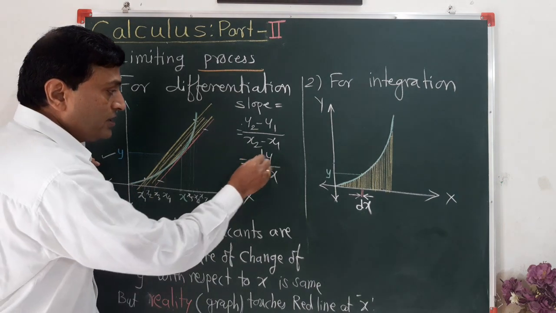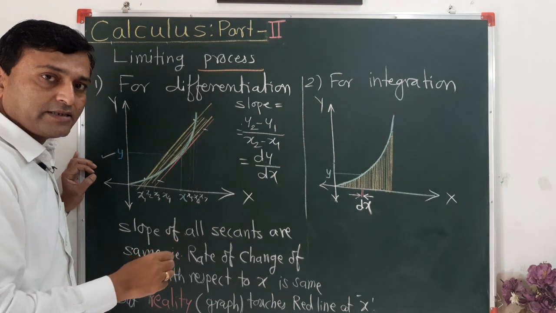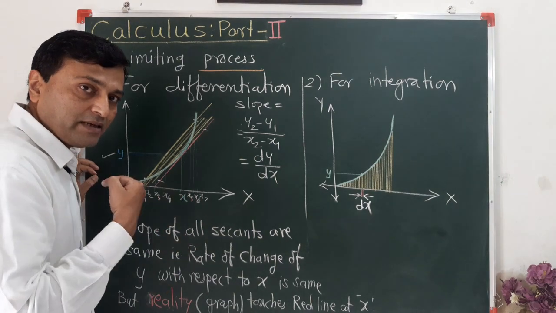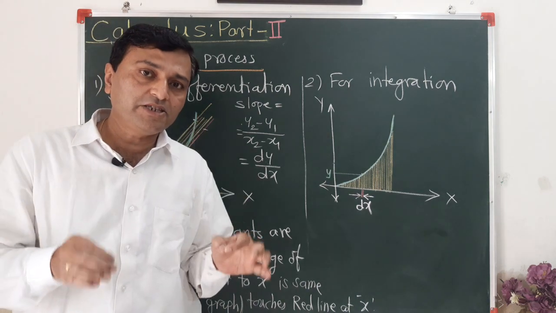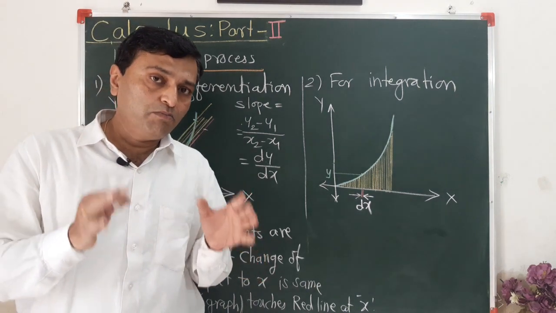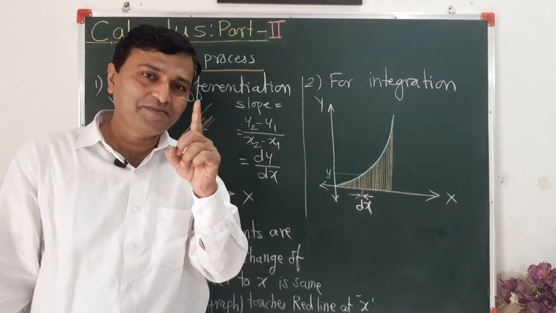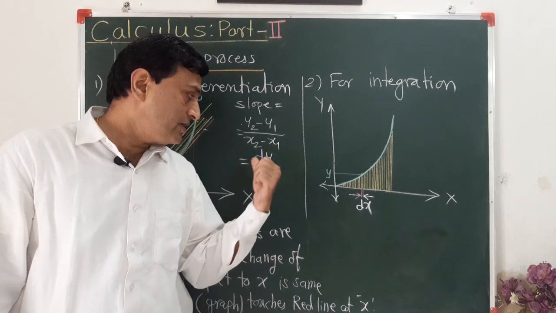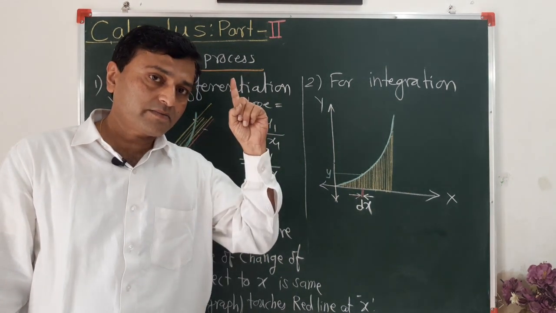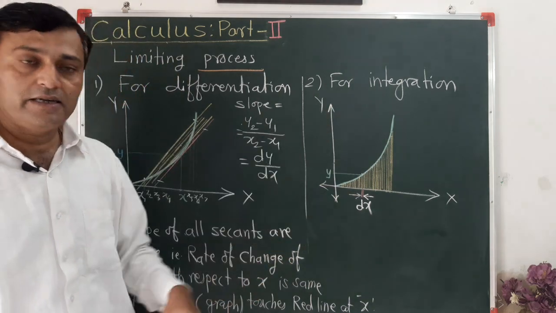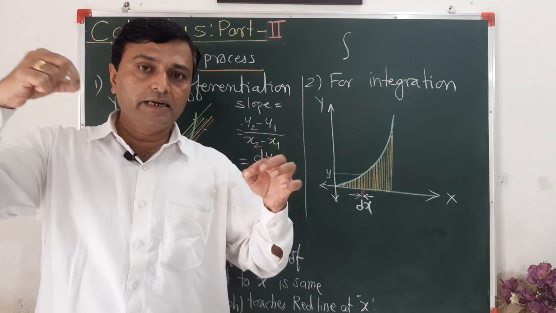Now this is called derivative, and it is represented by dy by dx, not by me, but by that scientist who published the book on calculus first. Not Newton, Leibniz. These symbols, this notation, were taken by Leibniz. The symbol for integration is also the extended s.